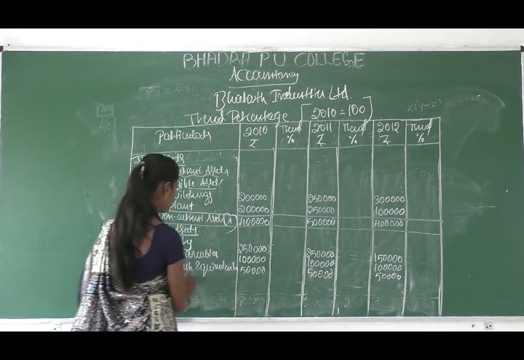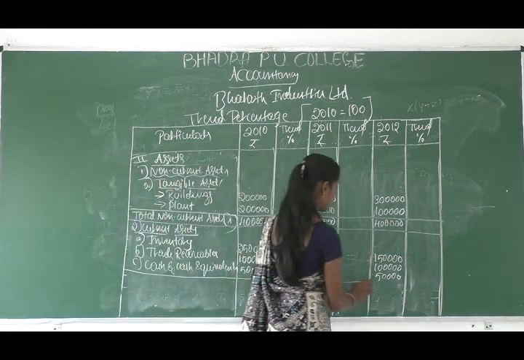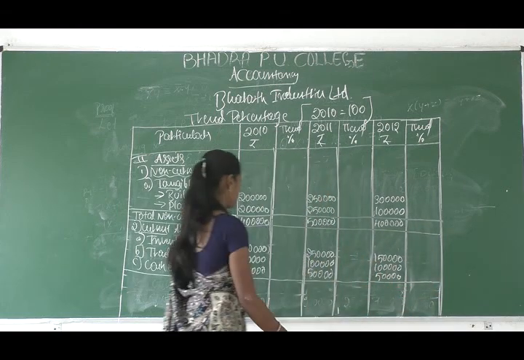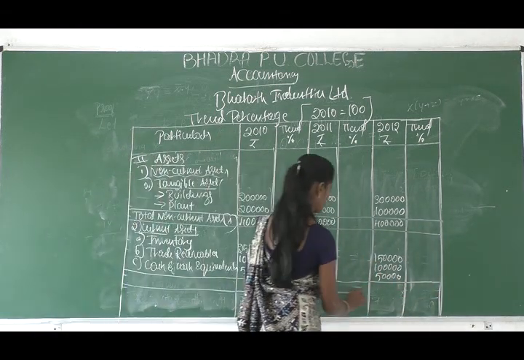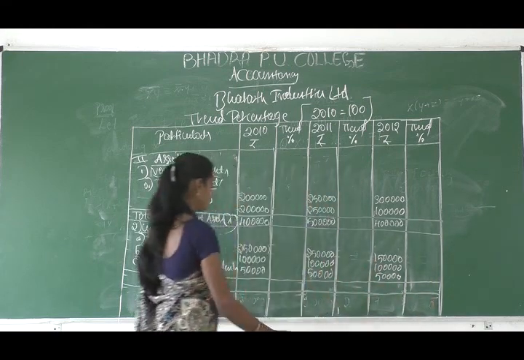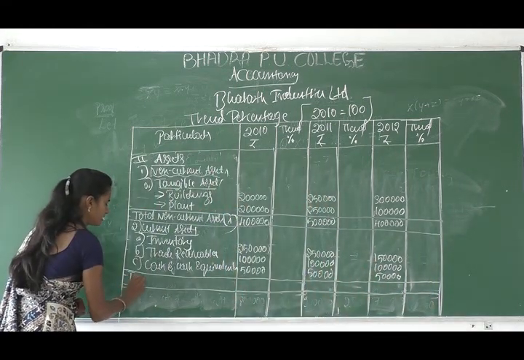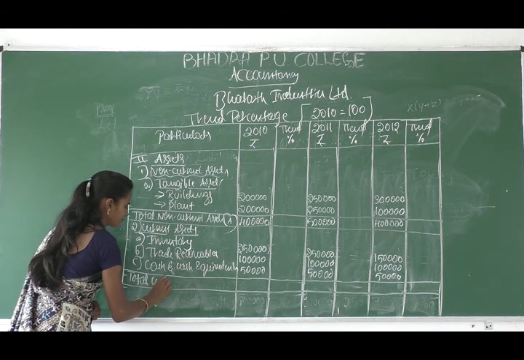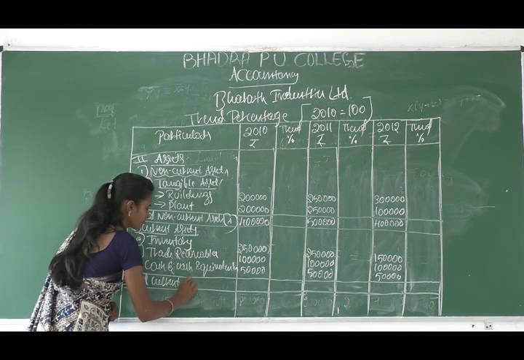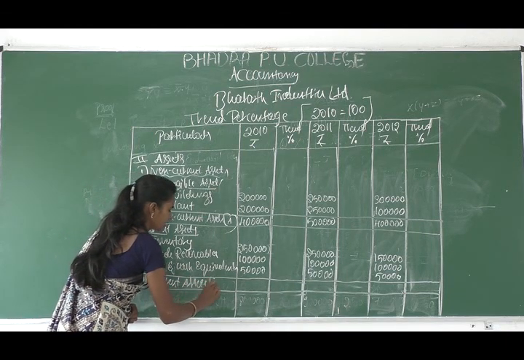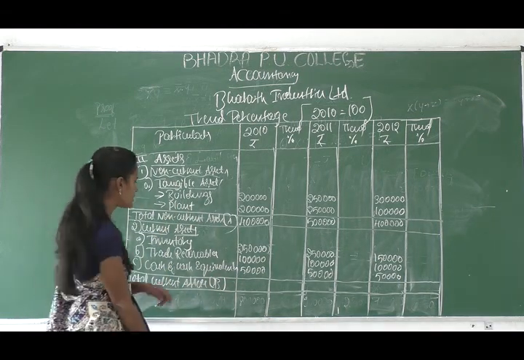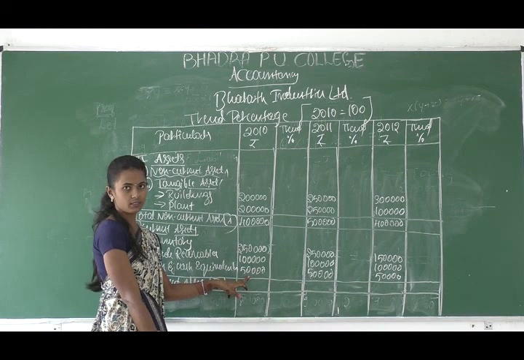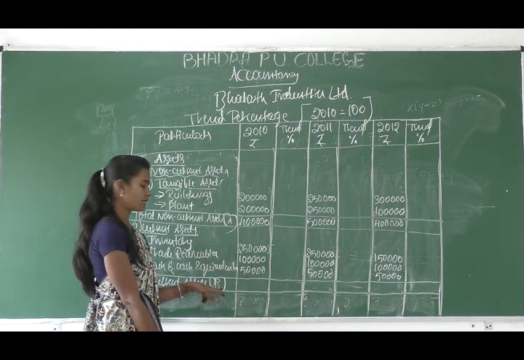So after this, what do we get? We will get our total current assets, okay. So I am taking here its total current assets, and this item is treated as B. Okay, so here we need to add all these 3 items to get total current assets.